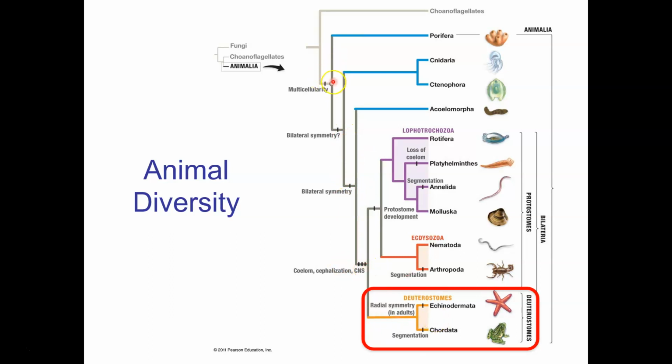Over here after multicellularity, it goes through bilateral ancestors, bilateral symmetry, and then the development of the coeloms, development of the central nervous system, development of civilization, right? And of course you see the evolution of deuterostomy.